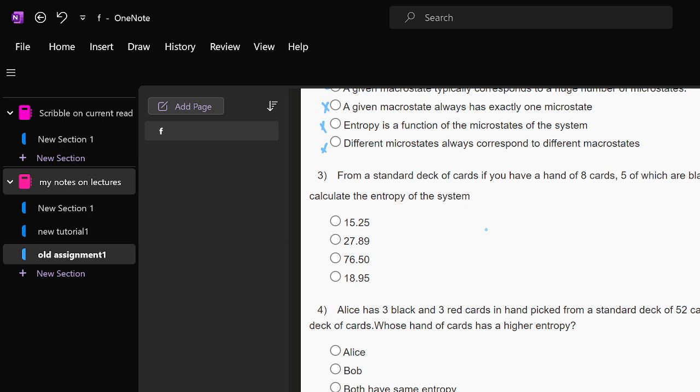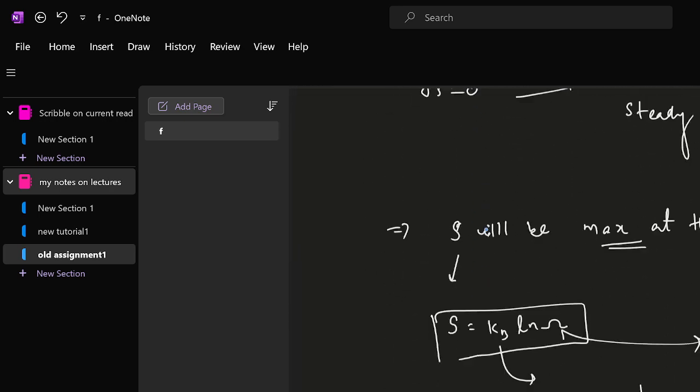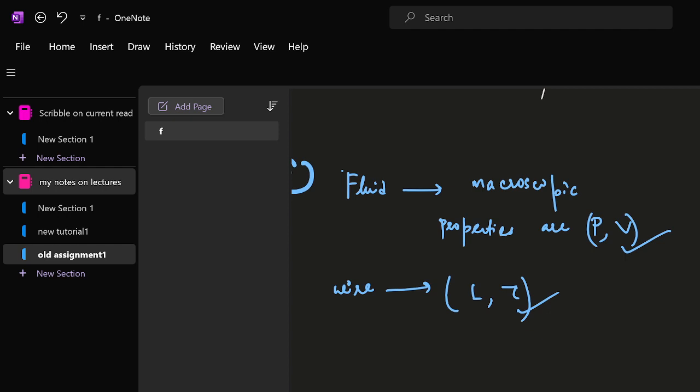That means in your hand there are 8 cards in total, and out of those 8 cards, 5 are black. That makes it evident that if 5 are black, then 8 minus 5, 3 cards are red. So let us try to solve this now. Let me go to the page.